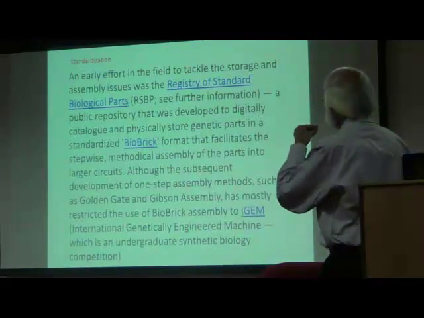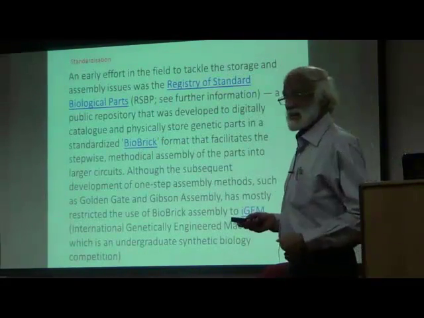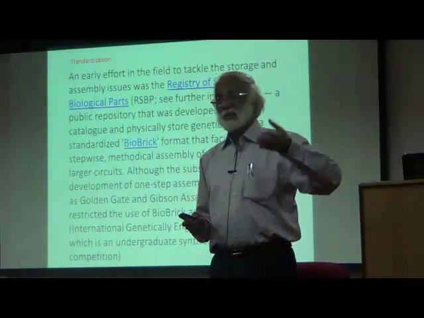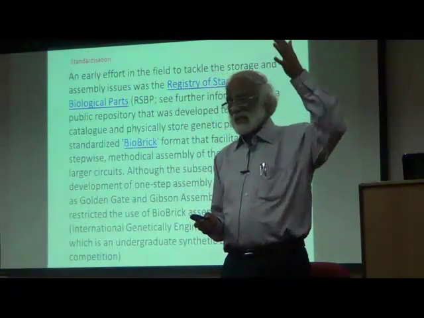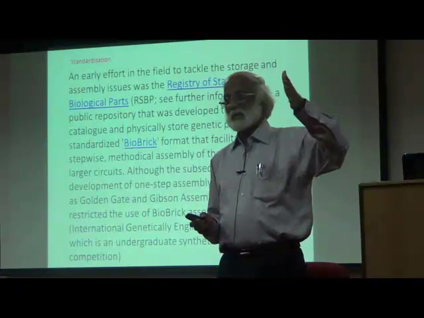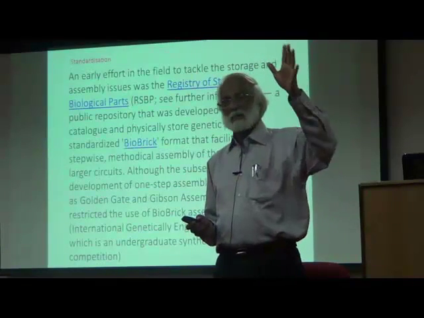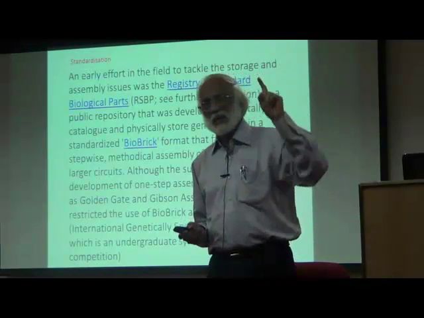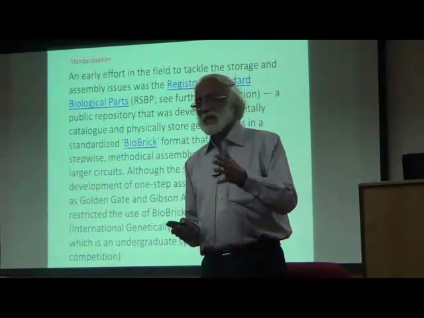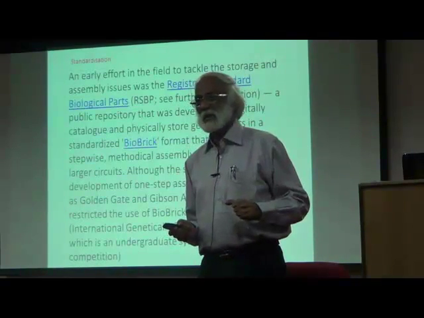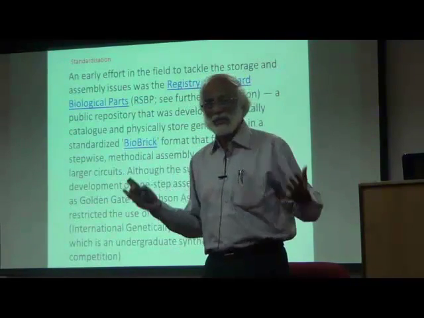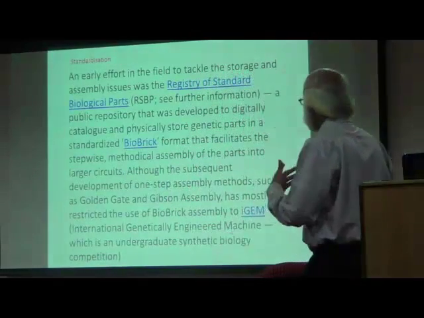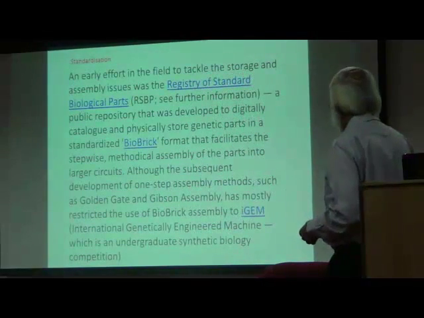Similarly, there is a registry of standard biological parts. Like every part, if you buy a relay, these are the dimensions, these are the parameters for this. Can you give such things to biological components? Because our components are genes and proteins and RNA and so on. This is happening, and each one is being looked at.